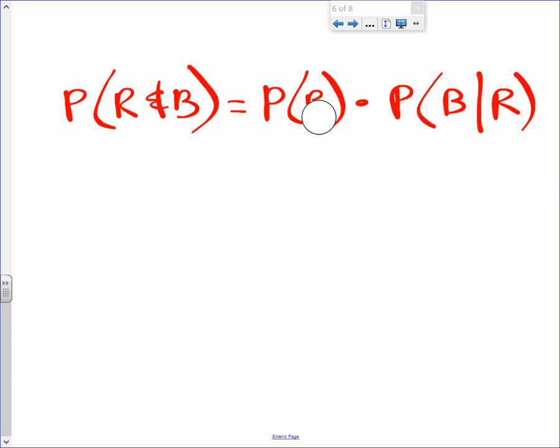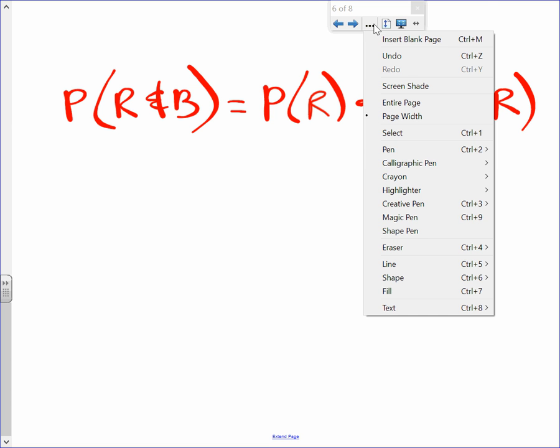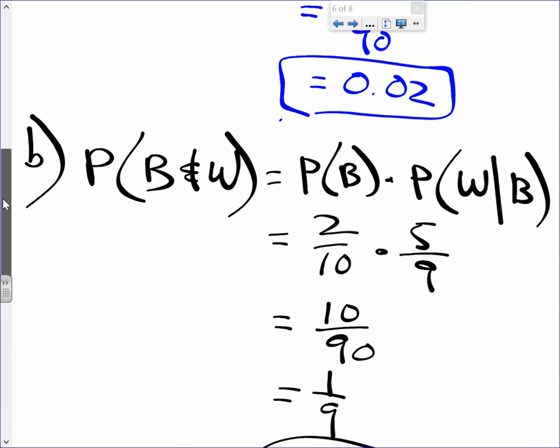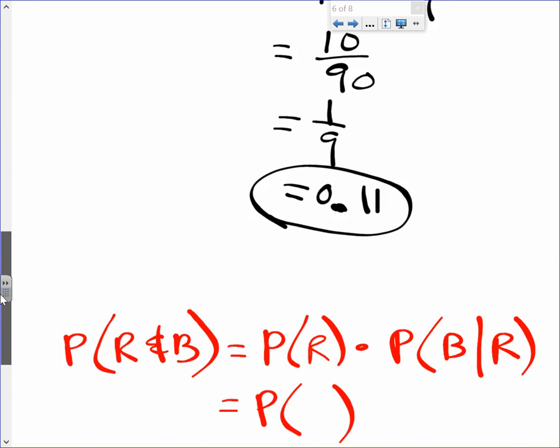That means this one's the R. First getting the red, not replacing it, keeping it, then putting your hand back in the bowl, getting a blue, given you got the red first. The probability of red will be, let's see how many reds are there. 3. It's 3 out of 10.